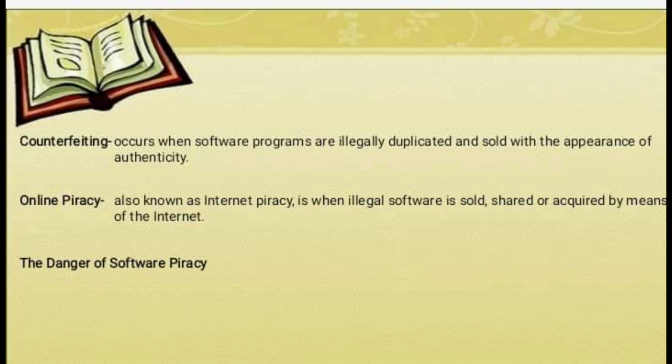Next, dangers of software piracy. Software piracy may have a cheaper price point, but there are many dangers that software pirates should be aware of.